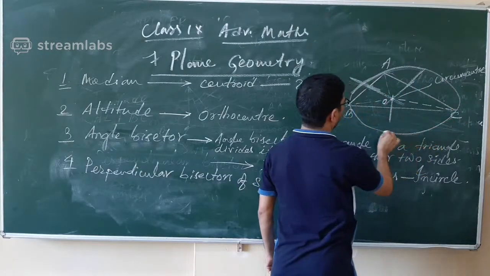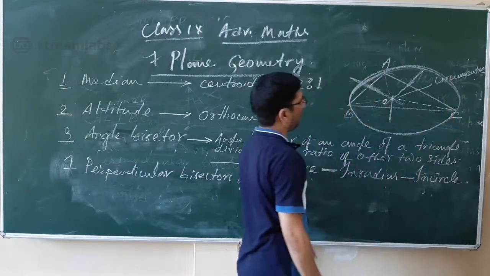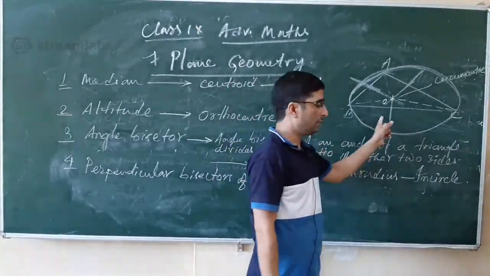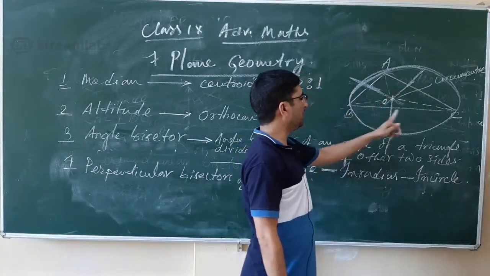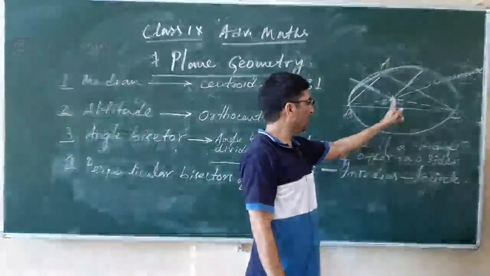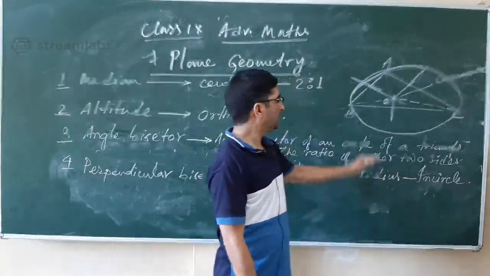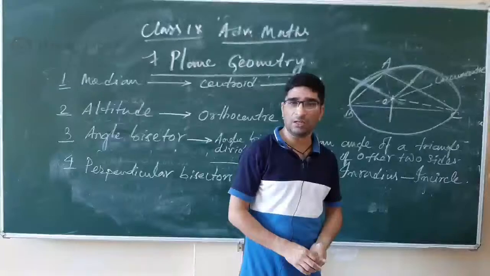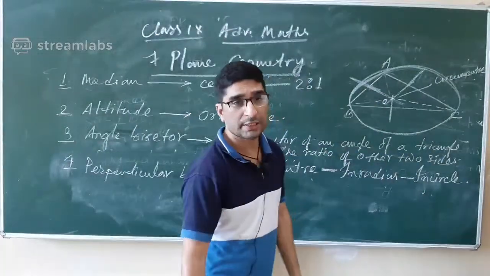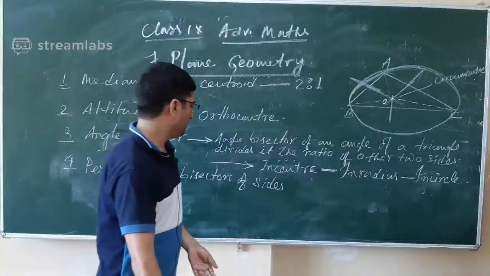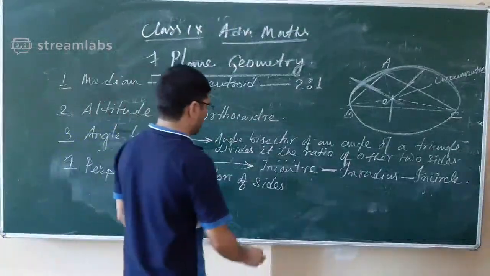Okay, this is not exactly the circle, excuse me for that. That means we can draw a circle passing through the three vertices A, B and C, and this circle is called circumcircle, and the radii OA, OB and OC are called circumradius.